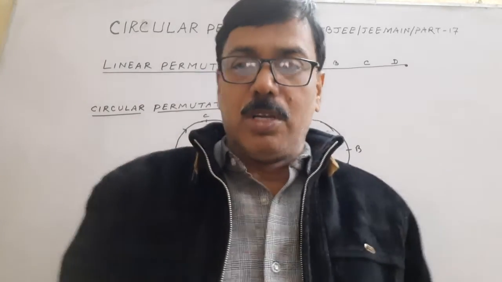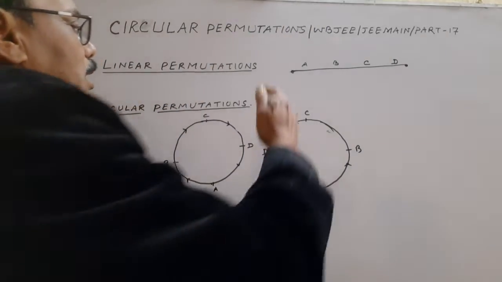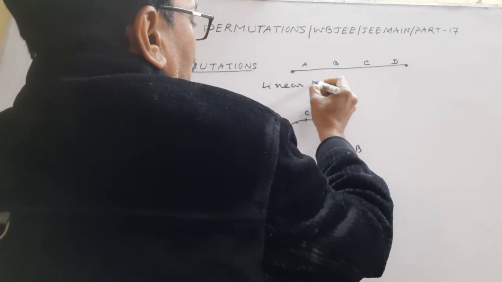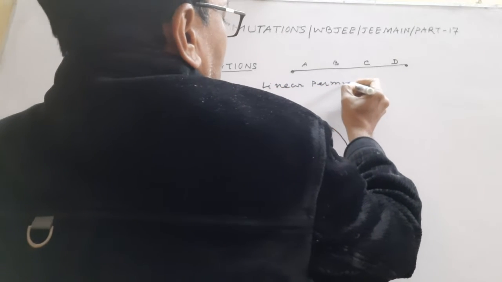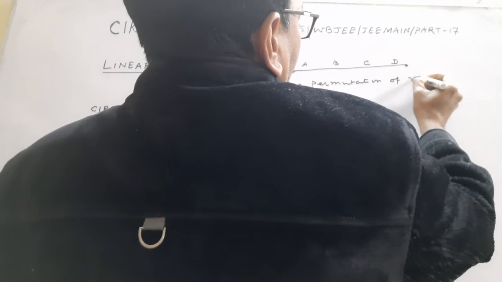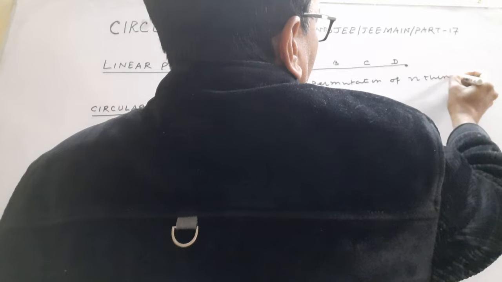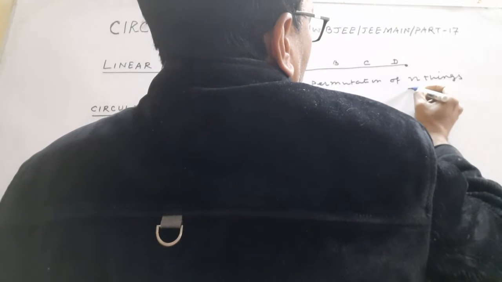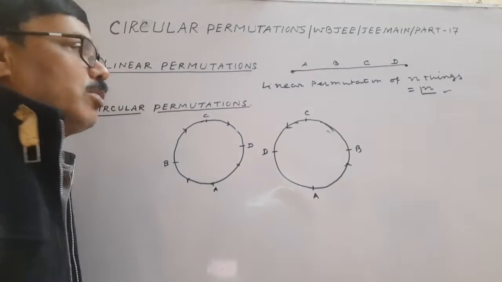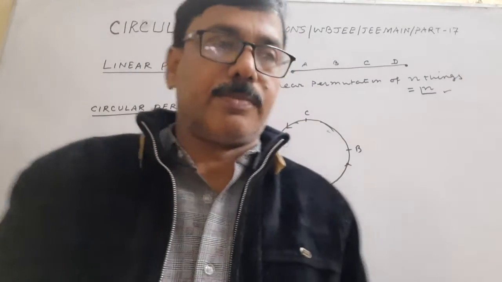And the linear permutation of n things equals factorial n. So it is already known to us.